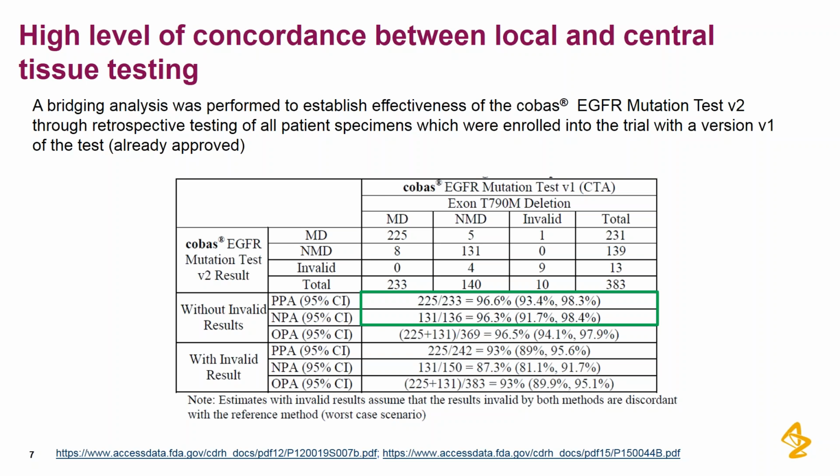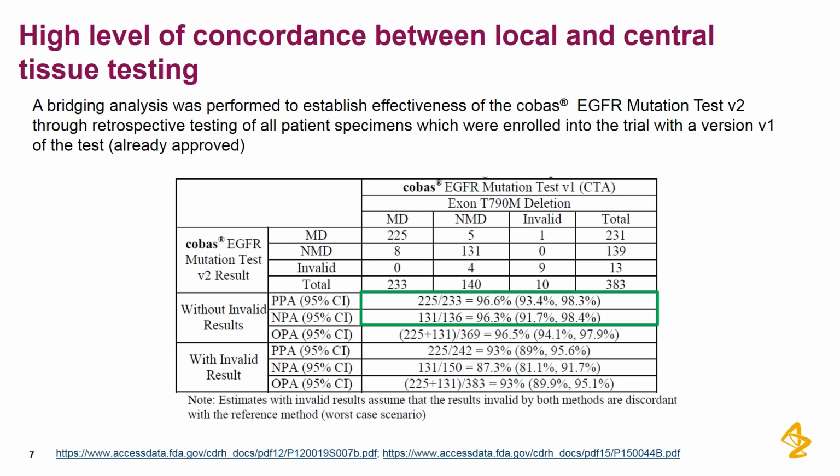Here we can see that we achieve 96% of the results that were identified as positive under both tests, out of the number that were positive plus the false positive results, which is high, showing a good level of concordance between both versions of the tests.